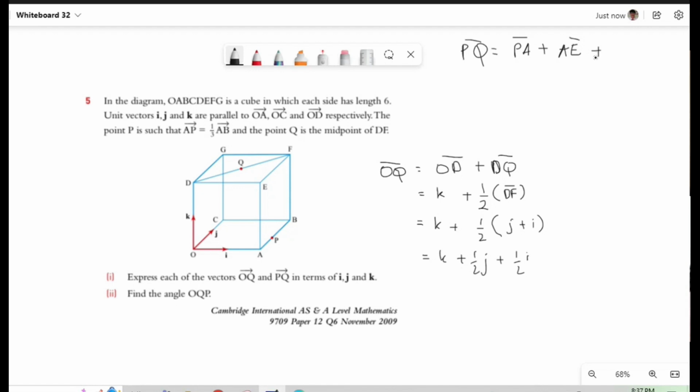But let's use PA, and then after that I go to AE, and after E, at the end I need to reach Q, and Q is going to be in the middle, right? So EF and FQ. Is that okay? Yes, it is. But if you have another way, another route, it's also possible, as long as it starts with P and ends with Q.